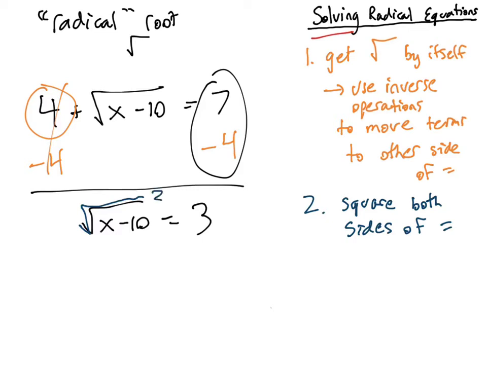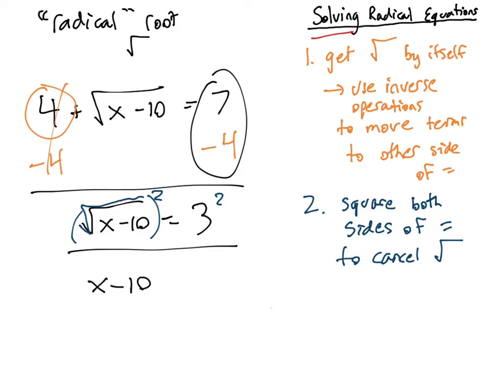And when we square something that's inside a square root, those are inverse operations. So that cancels out our radical. So we're just left with x minus 10 by itself equal to 3 squared is 3 times 3, which gives us positive 9.